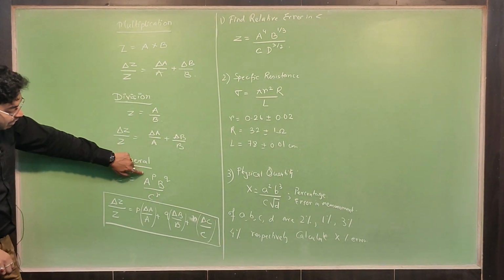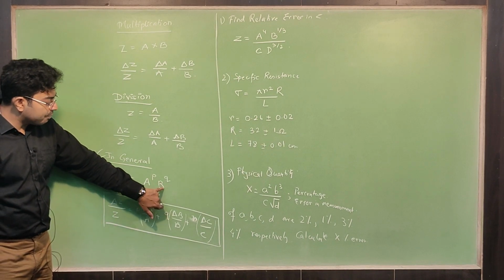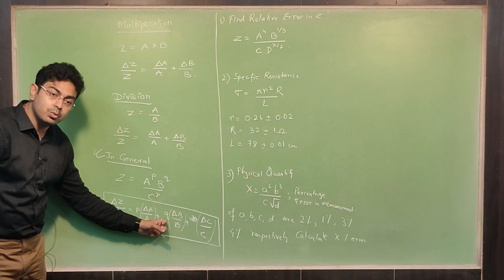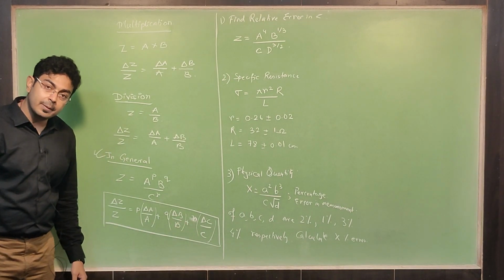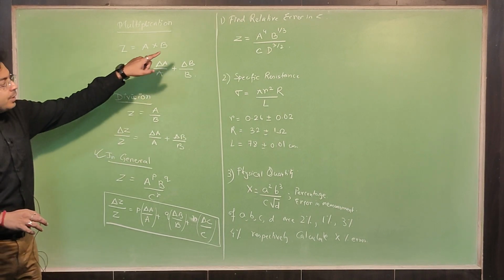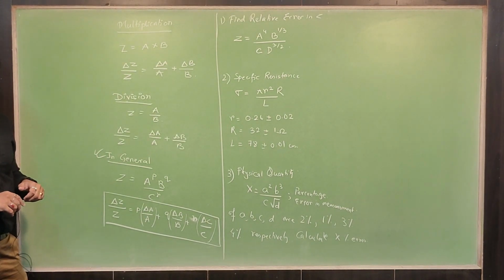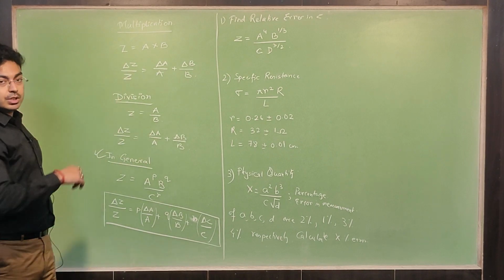But what is the power of a? p, so you multiply with p. The power of b is q, you multiply q. The power of c is r, you multiply with r. This formula will be absolutely clear the moment we solve these numericals. Please keep this in mind.